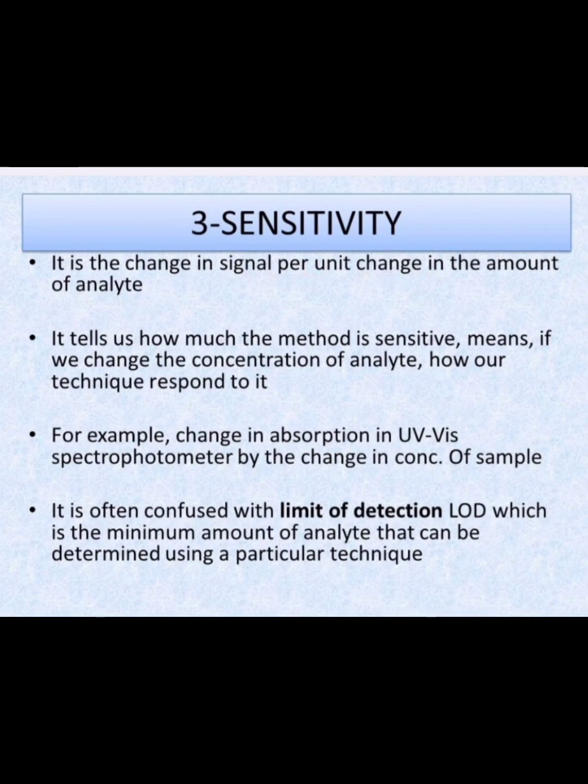Taking an example, change in absorption in a UV visible spectrometer by the change in concentration of the sample. It is often confused with limit of detection, which is the minimum amount of analyte that can be determined using a particular technique. This is sensitivity.